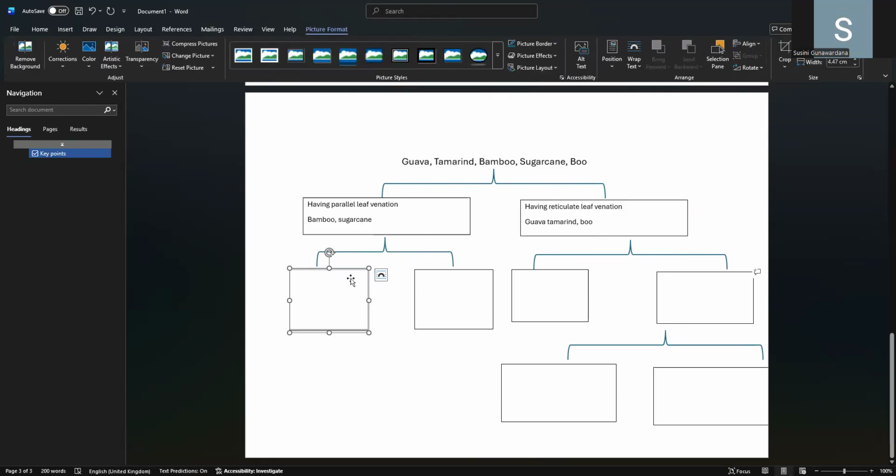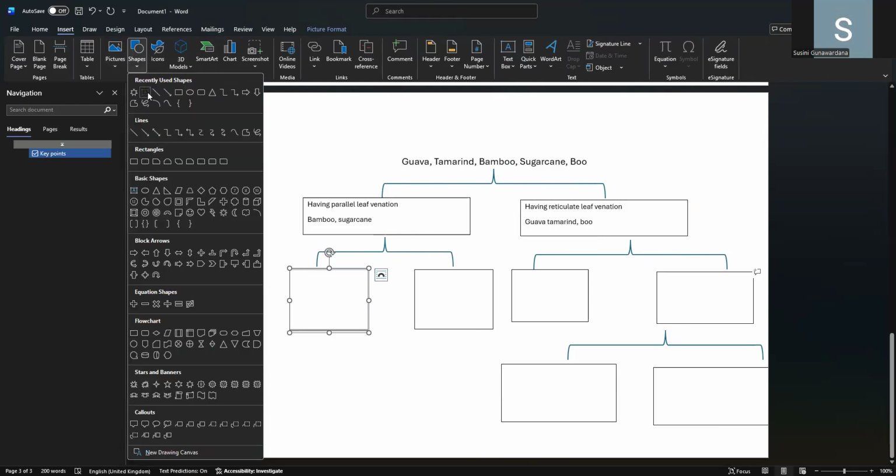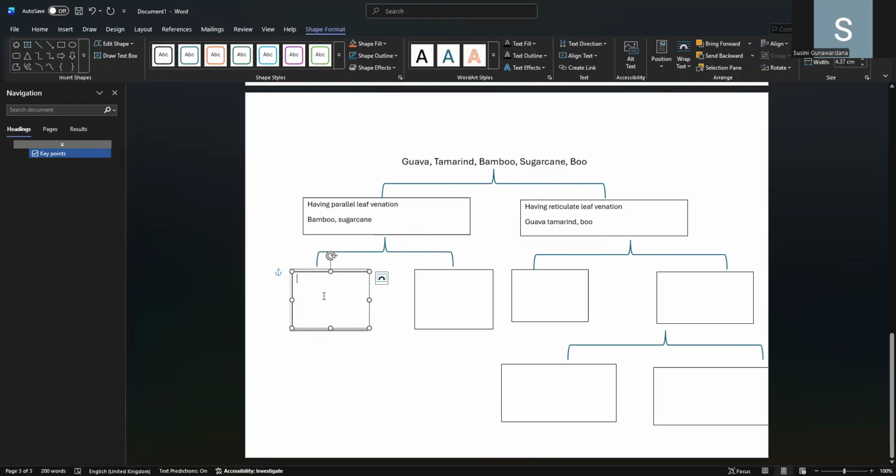But the only thing is, if you think about the size of the leaves, they are a little bit different. Here I am again writing, having wider and longer leaves.